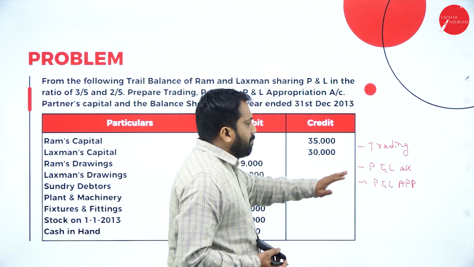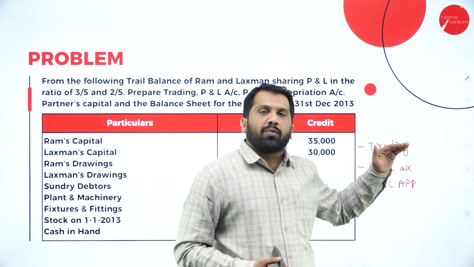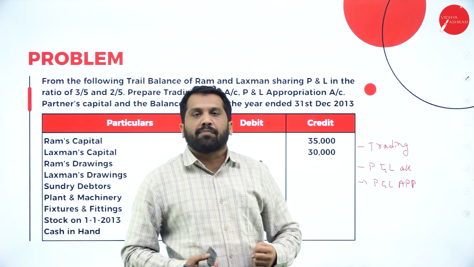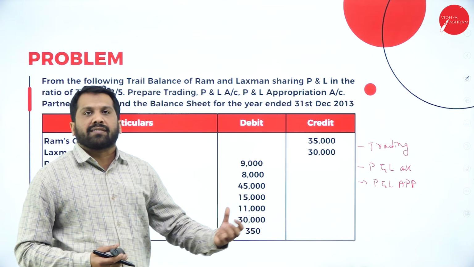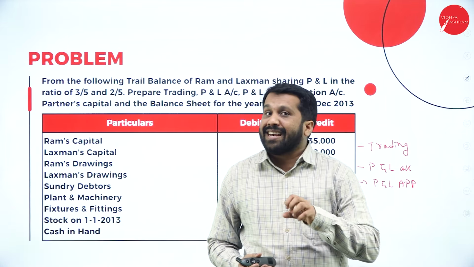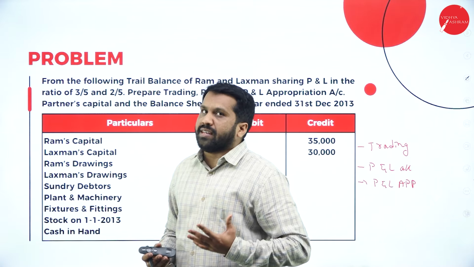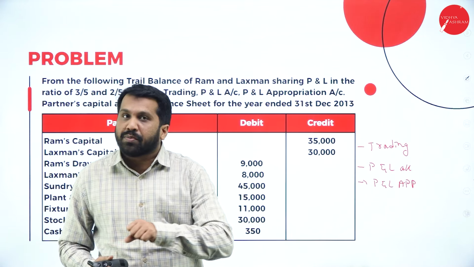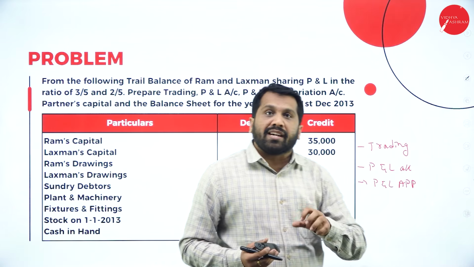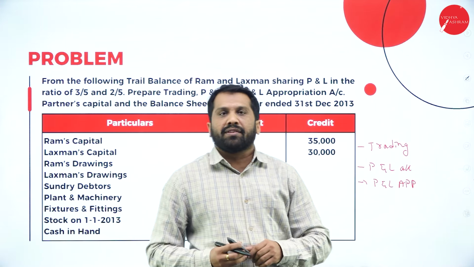Now we prepare the P&L appropriation account for partnership because once you get your profit, the profit will be shared among all the partners. While sharing to the partners, if there is any salary pending to partners, any interest on capital to be given, interest on drawings to be collected, any other benefits given to partners, each and everything will be considered in the P&L appropriation.